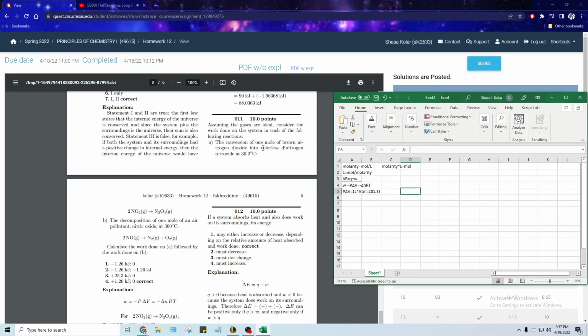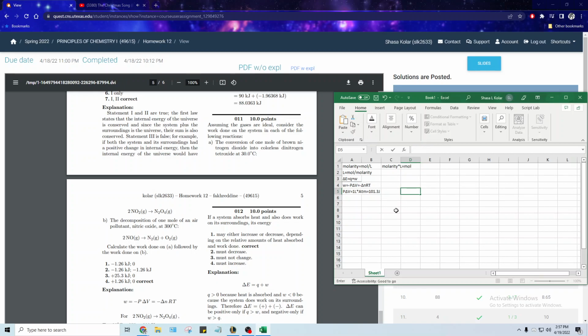So it gives us 1 mole, which will turn into half a mole. So it's going to be a half minus 1. So our change is going to be negative a half.